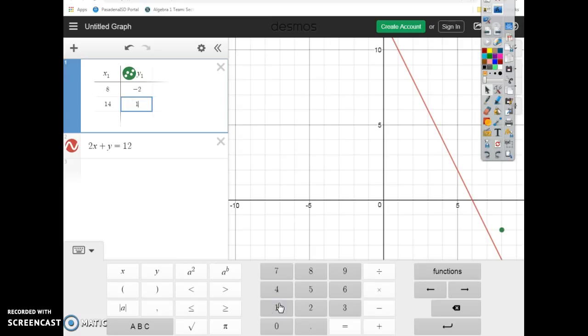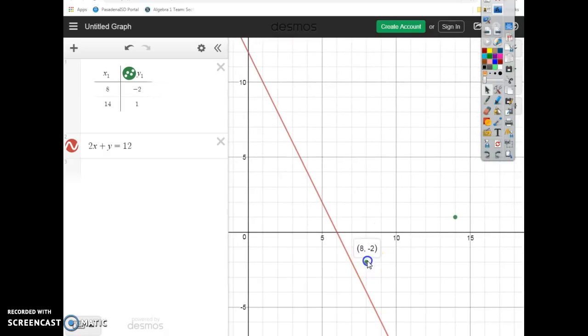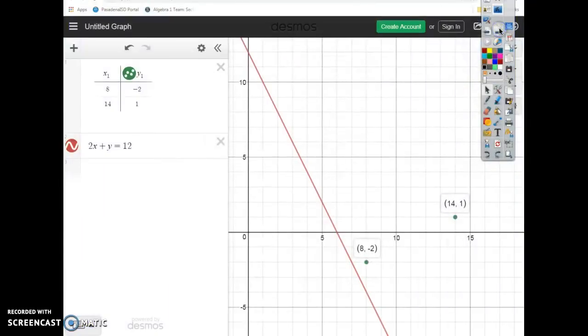We got to make sure that those points are on my line. So look at where my points are. Those points are not on the line, so that's not the equation that goes through those 2 points. Okay, so letter A is not it, so we can cross it out. Let's try letter B. Do not erase the table, just the equation.